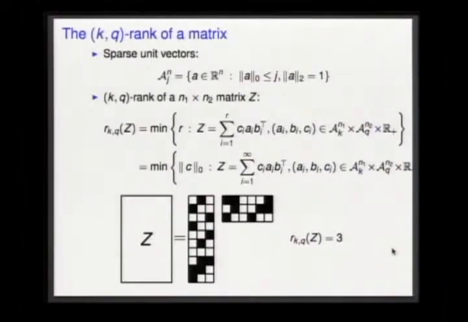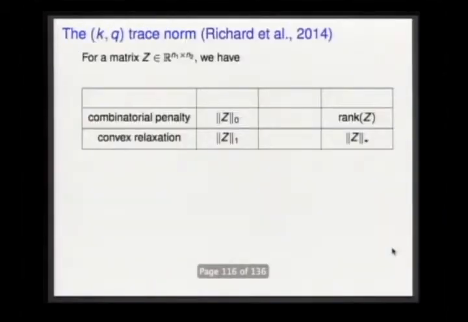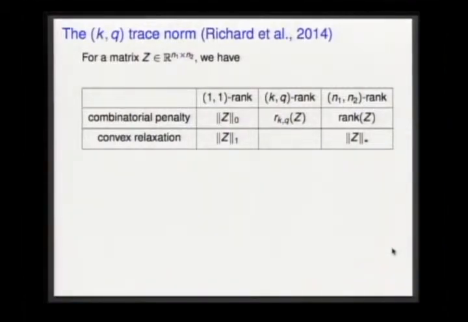So this also can be written as the minimizer of this problem. And by looking at this, we can immediately see that the KQ rank is finite and is actually bounded by N1 times N2. So the norm we are going to build is the same thing as the L1 norm is to the L0 index, or the same thing as the trace norm is to the rank.